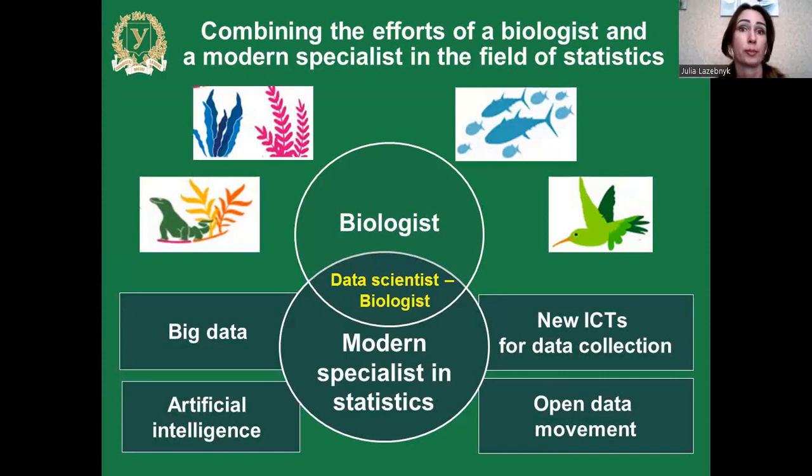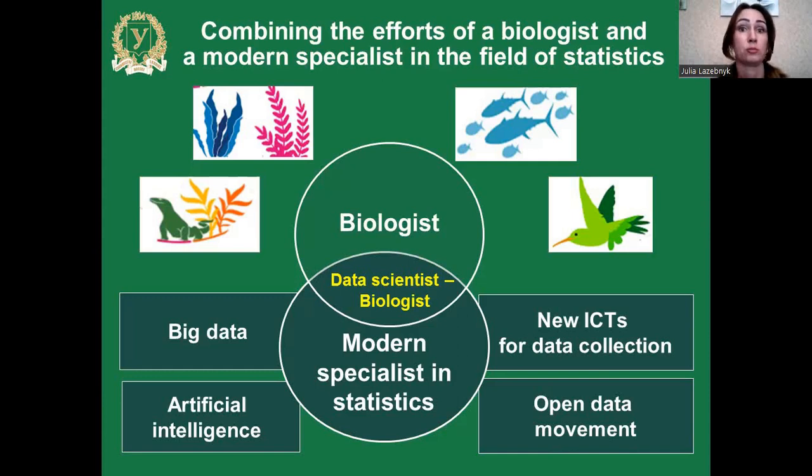Special attention should be paid to the fact that now it's impossible to receive reliable results of biodiversity research without joining the effort of biologists and modern specialists in statistics.